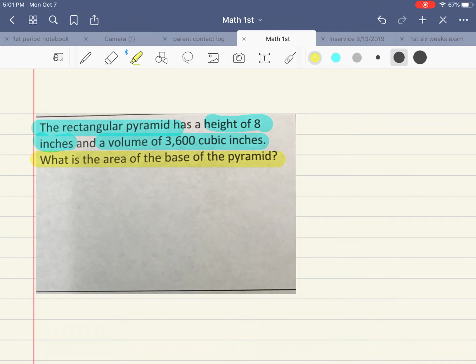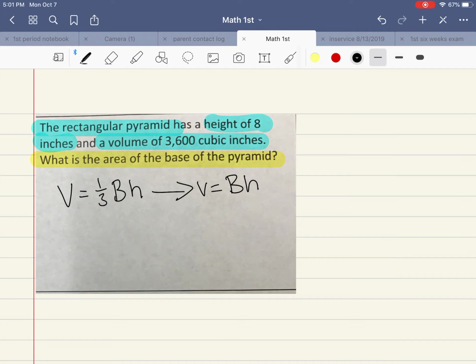So that tells me that I still have to use my formula, which is V equals 1/3 of the area of the base times the height. Now this formula, we can change it to represent volume equals area of the base times the height divided by 3.